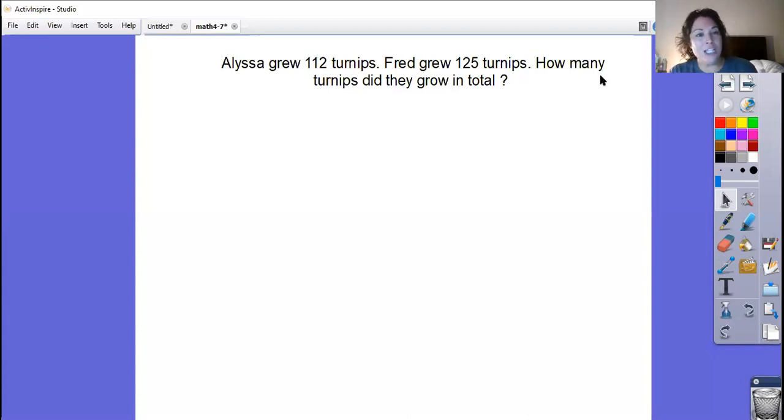Alyssa grew 112 turnips. Fred grew 125 turnips. How many turnips did they grow in total? So go ahead, hit pause, finish solving this problem. 112 turnips from Alyssa, 125 turnips from Fred. And when you're done, come back, press play, and we'll check our work together.